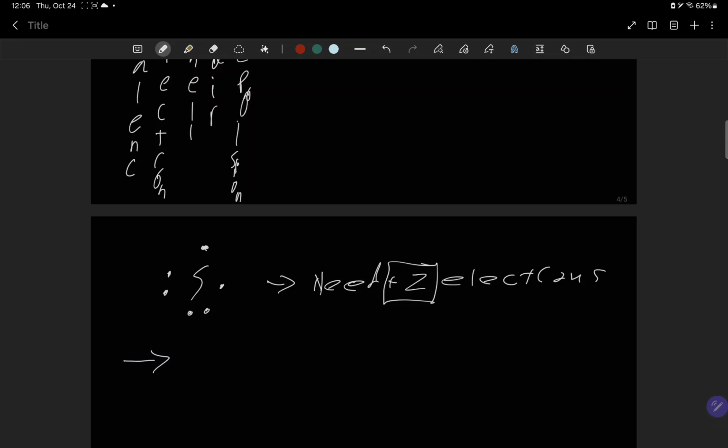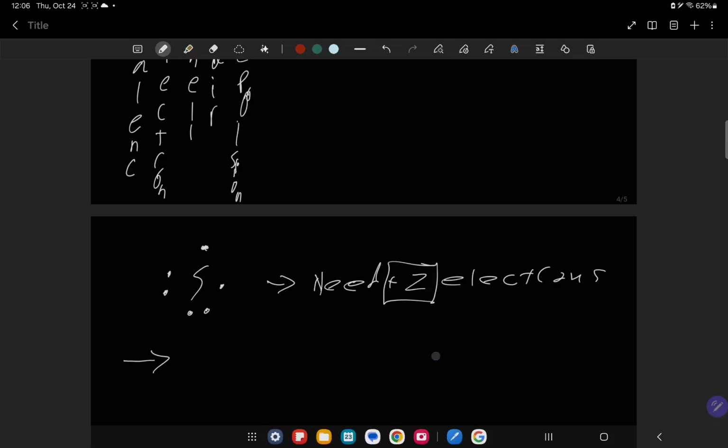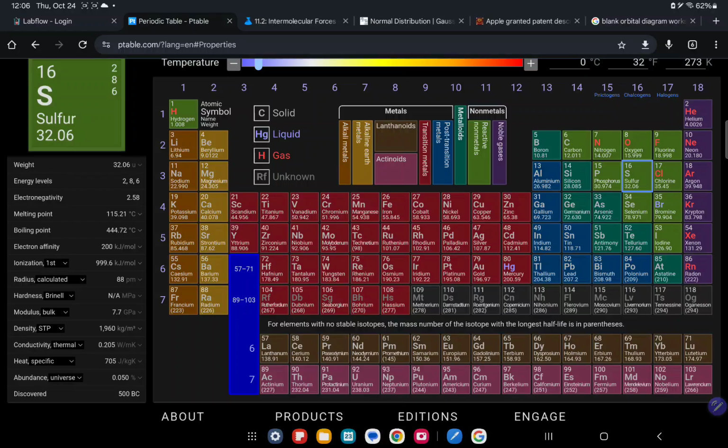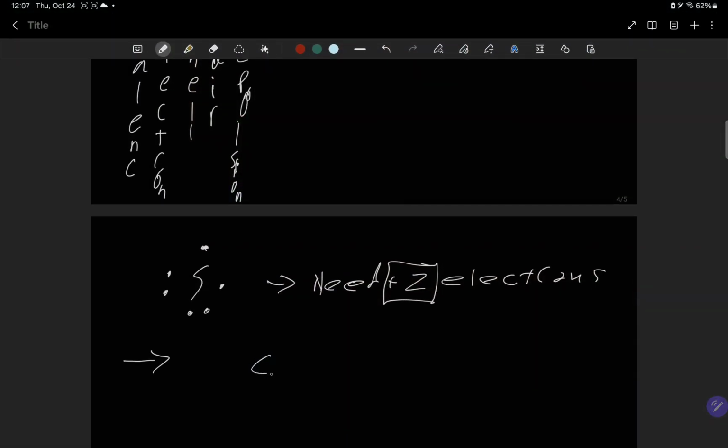So for it to get the 2 electrons, this is going to be the easiest way to look at it. Let's see, carbon is 4, carbon, nitrogen, oxygen, fluorine. So carbon has 4 valence electrons, stable needs 4 more.